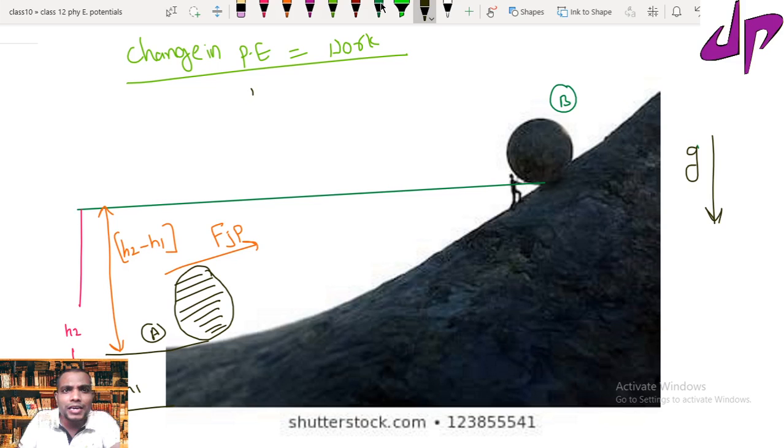Now to prove that change in potential energy is equal to work: at point B, the potential energy is mgh2, and at point A the potential energy is mgh1.